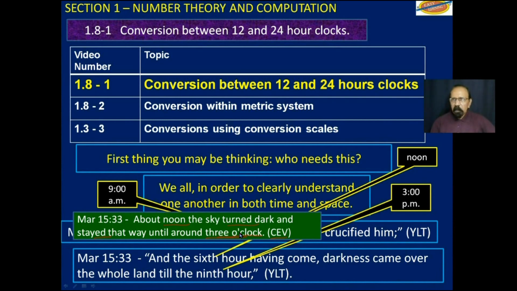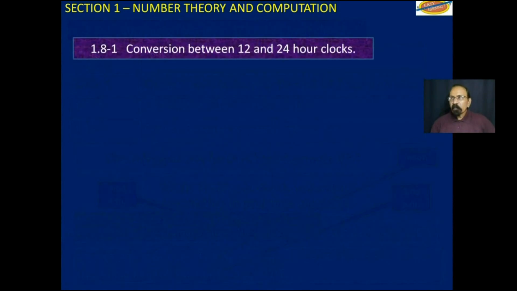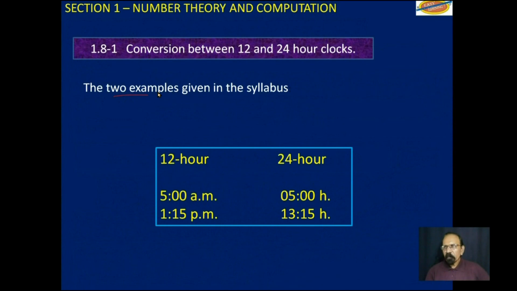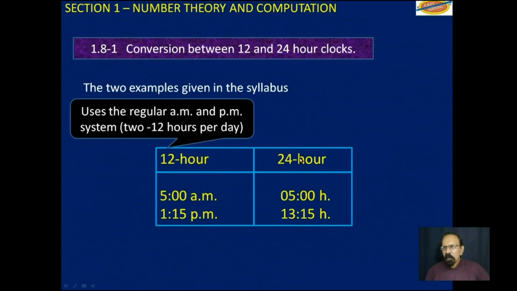So we need to learn about this conversion between the 12-hour and 24-hour systems to make sure that we can understand one another clearly. Your syllabus lists 2 examples, 2 for the 12-hour and their counterpart for the 24-hour. So 5 a.m. is the 12-hour system, and the counterpart to that in 24 is 05:00 hours.